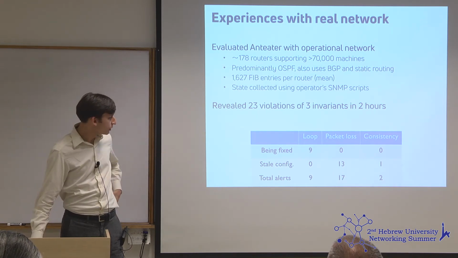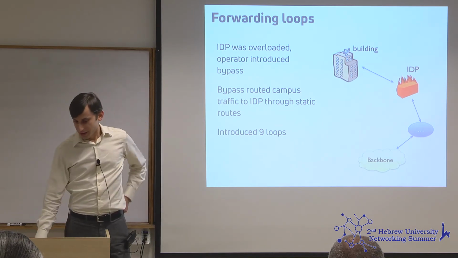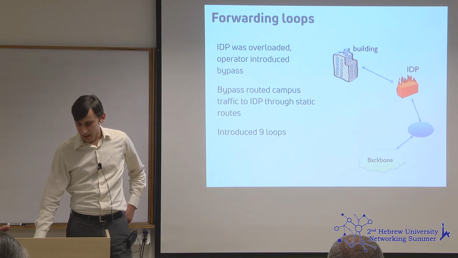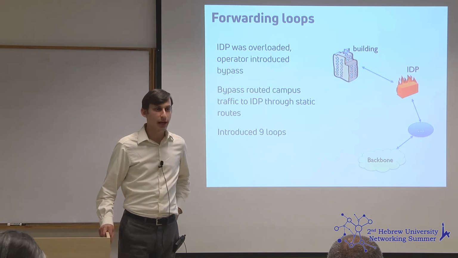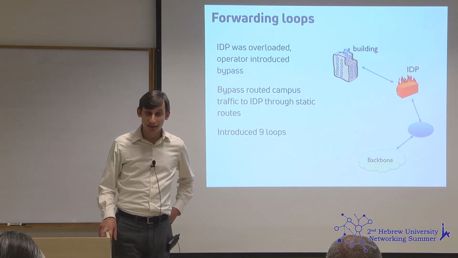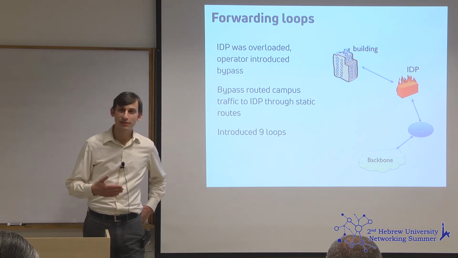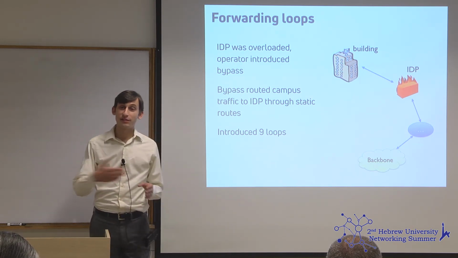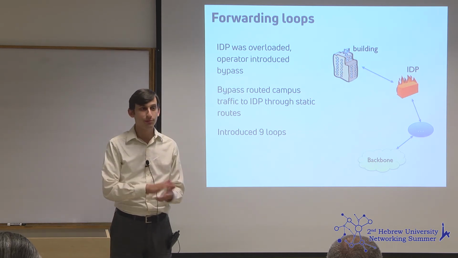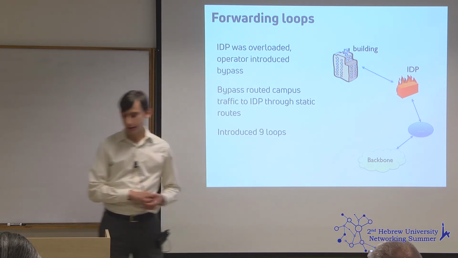A number of bugs were revealed, including loops. Just a few examples of how these happened. In this network, there were loops on the core routers that were externally accessible by anyone on the internet, which means that if someone malicious knew about that, they could send a stream of traffic to those routers, and whatever volume they sent in would be magnified by over a factor of 200, so they could very easily take down links.